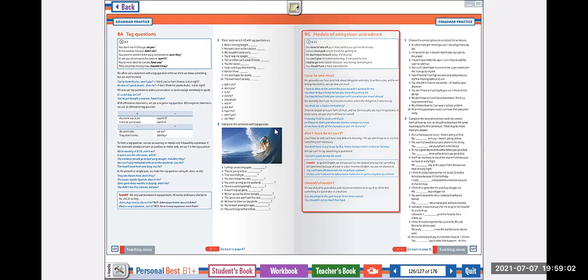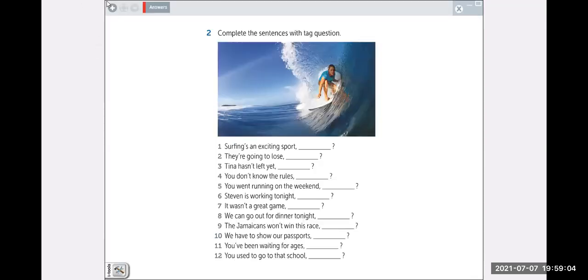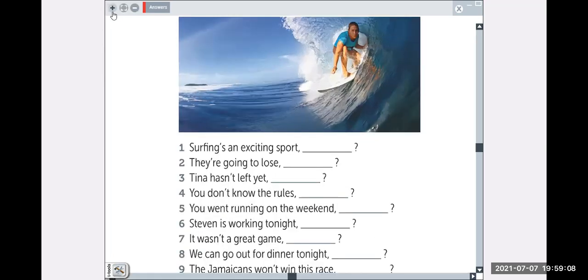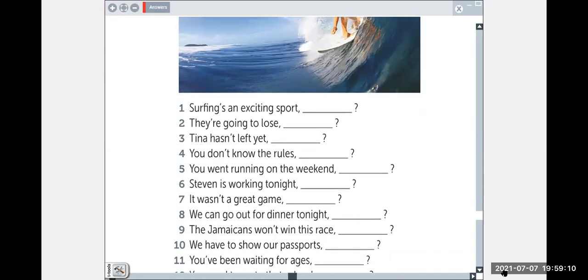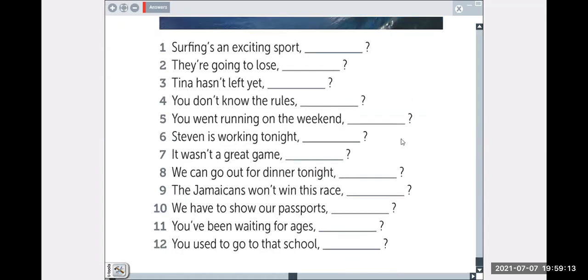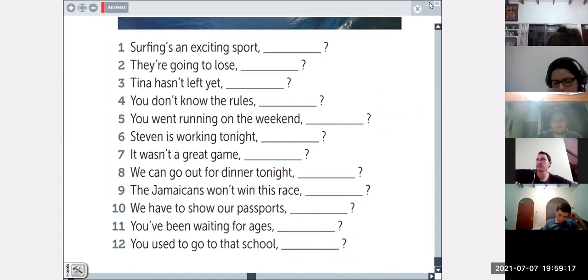Number 2. Complete the sentences with tag questions. So let's see. Number 1, please. Ronnie, how can you complete number 1? Isn't it? The complete sentence.